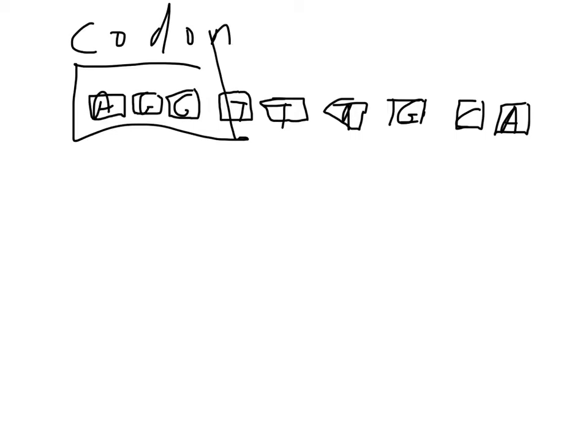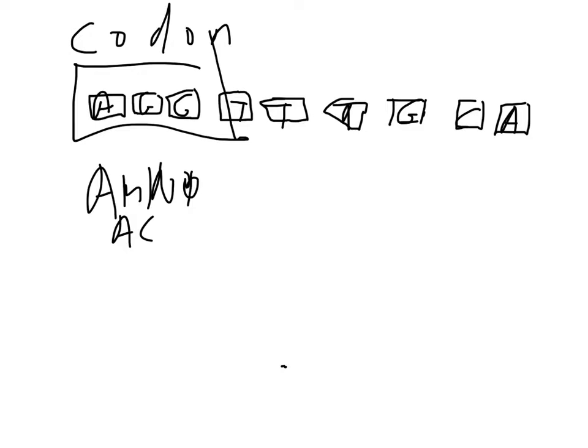So here we've got 3 nucleotides. It's called a codon. And this code, AGG, will make an amino acid, whatever it is. Remember, these are peptides that then are strung together in proteins.